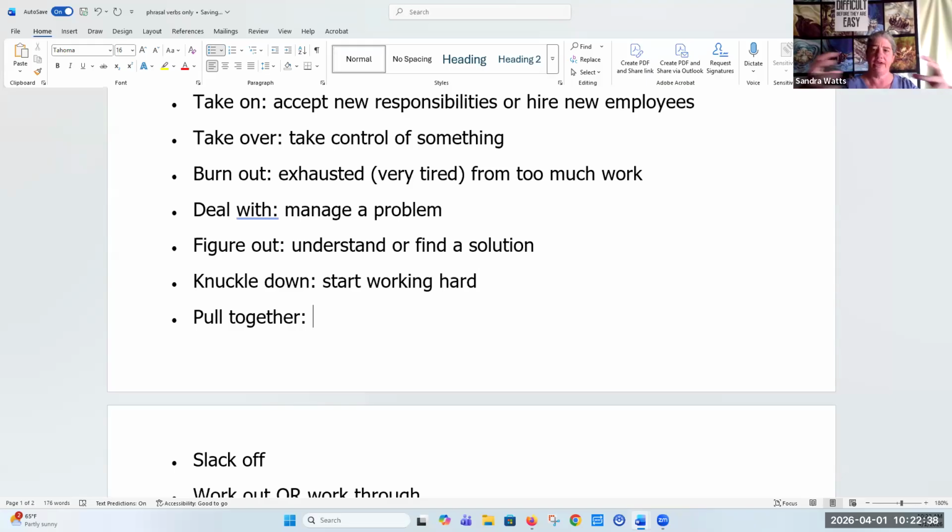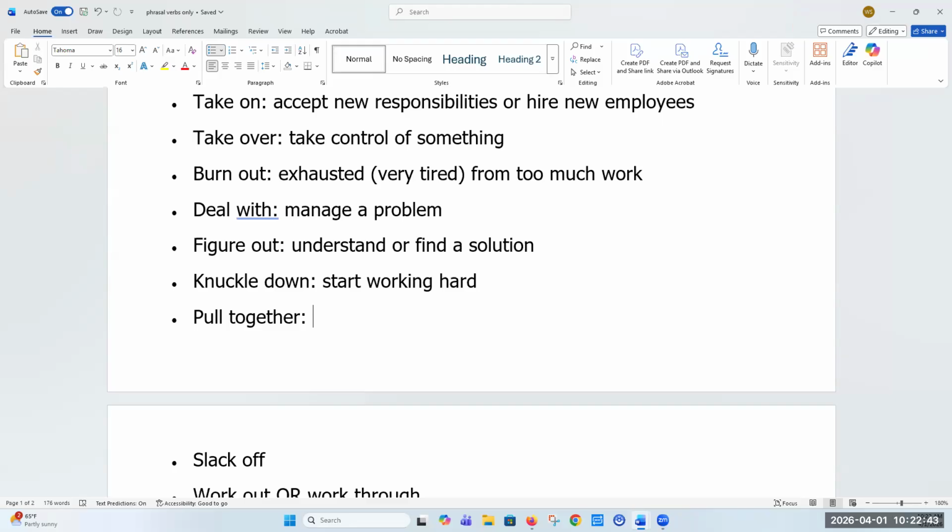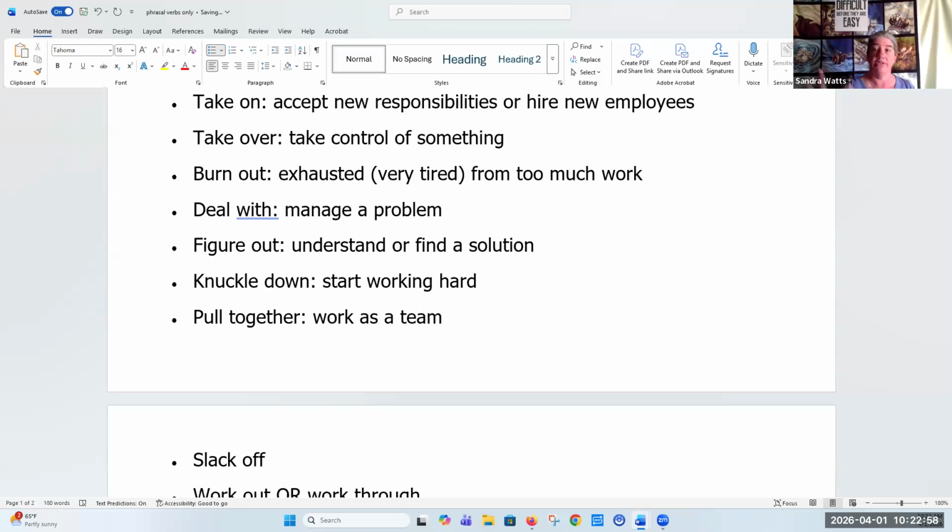All right. Pull together. The keyword here is together. Pull together. Work together. Yes. Work as a team. Work together.